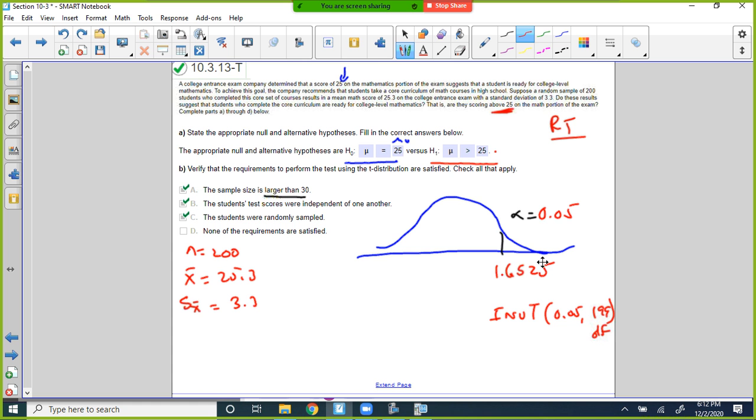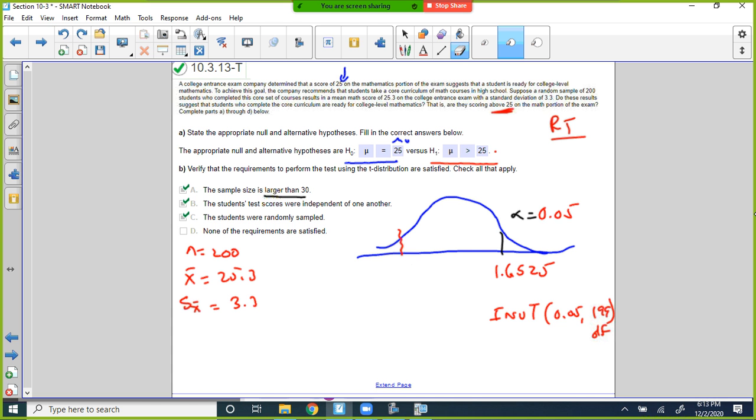When you do that, it gives you a negative because it's looking at area to the left, right? But if I were to do it over here, this would be a negative 1.6525, right? But when it's on the right-hand side, you just make it positive. Okay, even though it gave me back a negative, it's looking at it in terms of left, right? I know this is right, so this is going to be a positive. So it's kind of like take the absolute value of it.